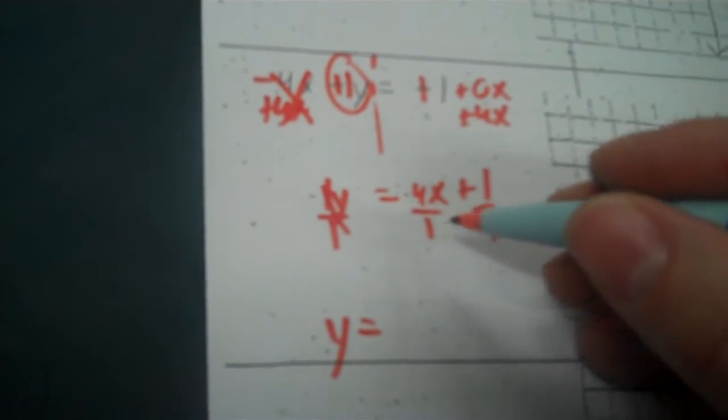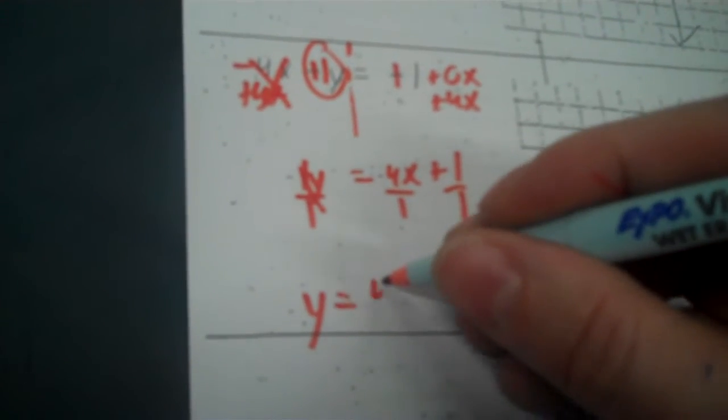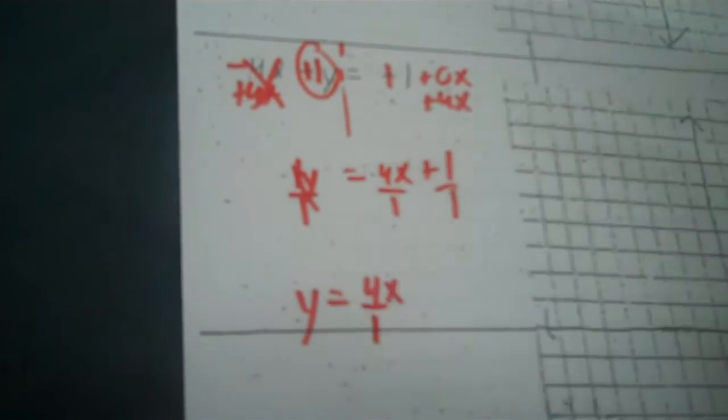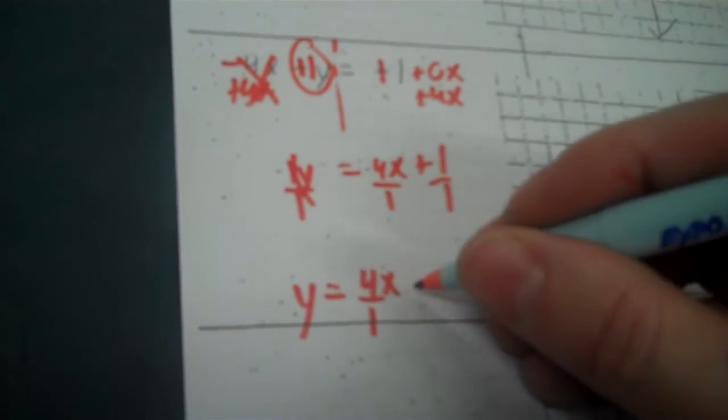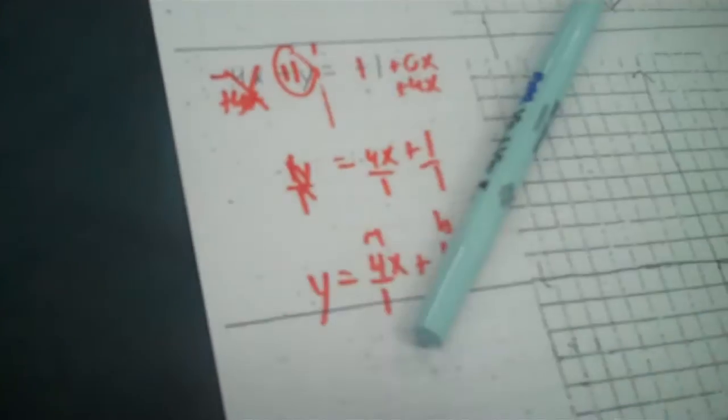But since that's 4, I want that to be a fraction. So when I write the 4 down, I still want a 1 under it because that tells me the up over part. Then 1 divided by 1 is 1. And I have my m, my b. Remember, my m has to be a fraction. And if I divide like 4 by 1, and I get a whole number, I can always make it a fraction again if I put a 1 under it.